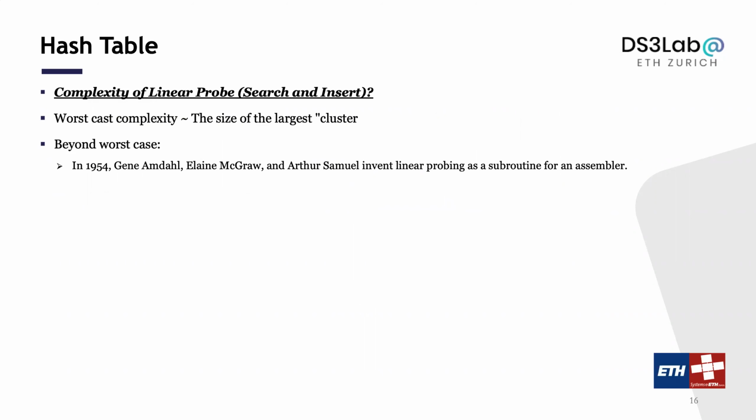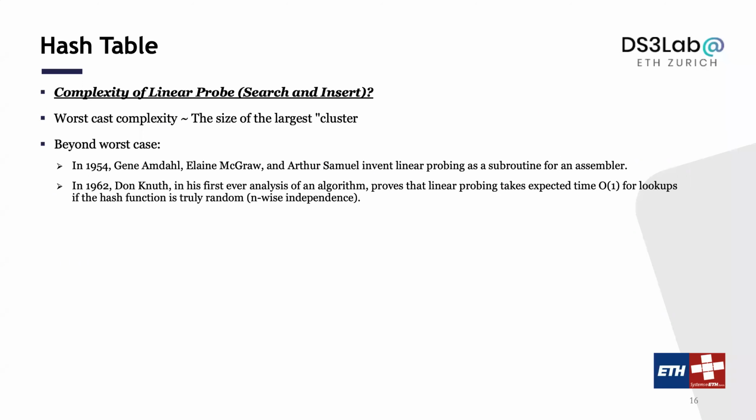In 1962, Donald Knuth actually proved that if your hash function is truly random, then in expectation linear probe takes O(1) time for lookup.